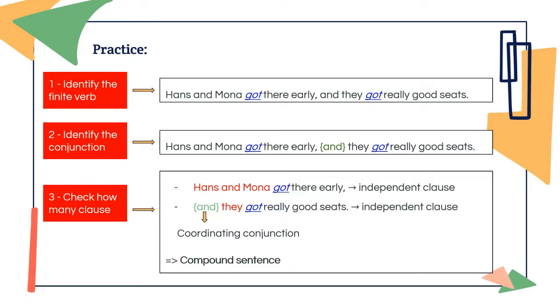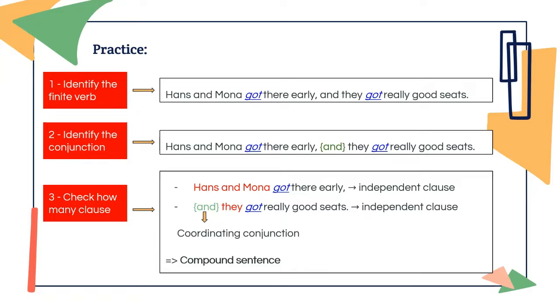As the second step, identify the conjunction: we can find a coordinate conjunction, which is "and." And the third step is to check how many clauses are in the sentence. Because we found one conjunction, we can see that the sentence has two clauses.